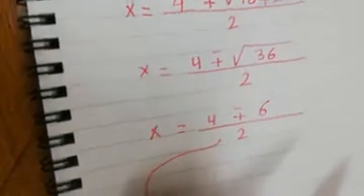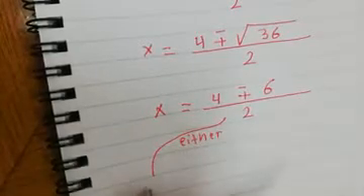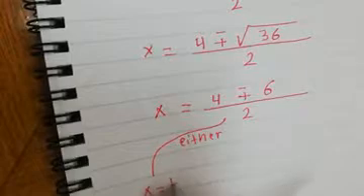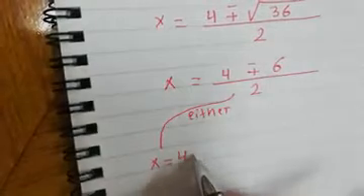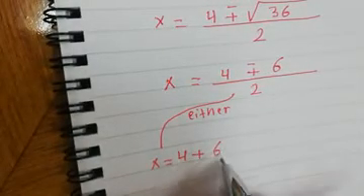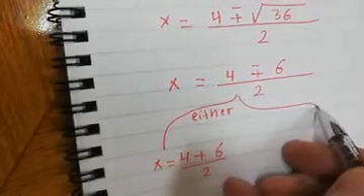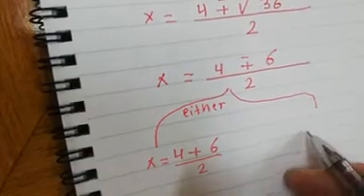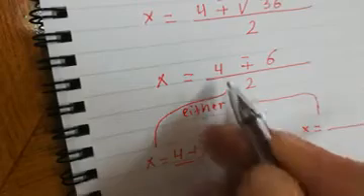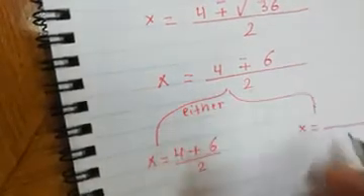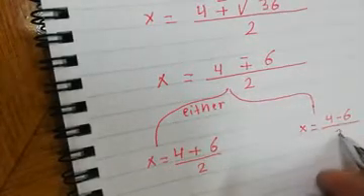Either x equal 4 plus 6 over 2, or x equal 4 minus 6 divided by 2.